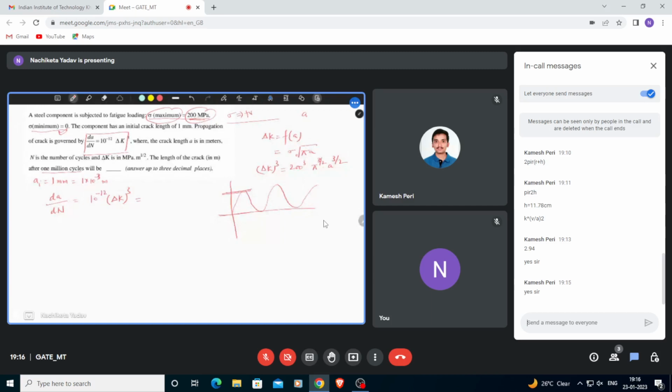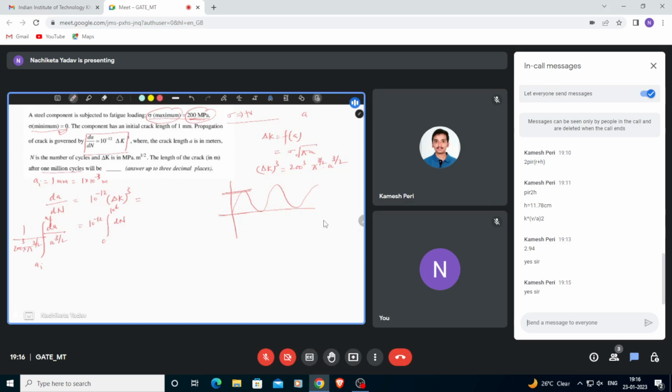You try. 10 to the power minus 12 dn from 0 to 10 to the power 6, dA by a 3 by 2 from ai to af, 1 by 200 to the power 3 into pi 3 by 2.